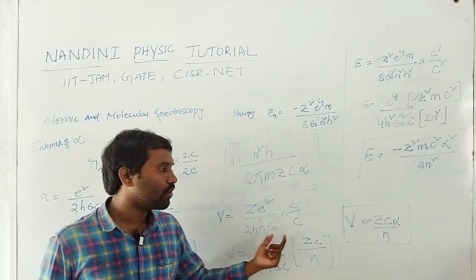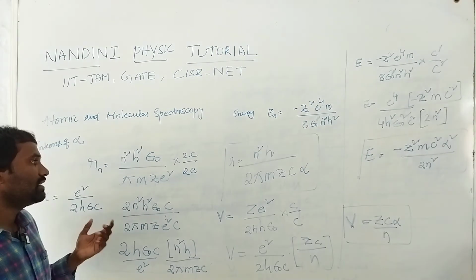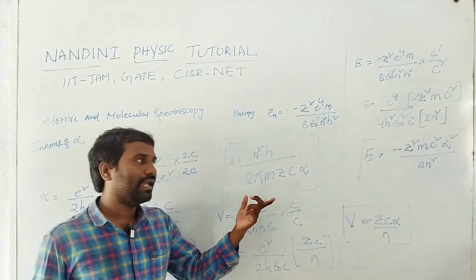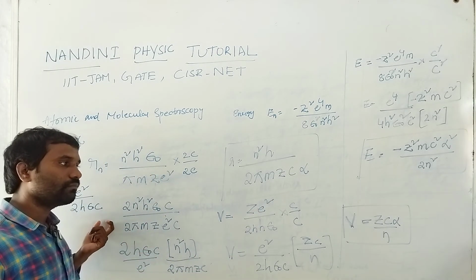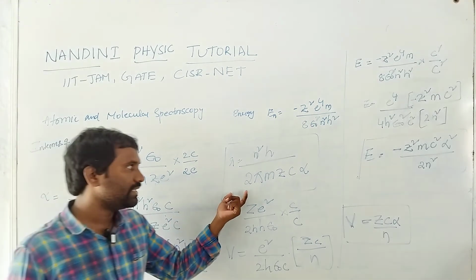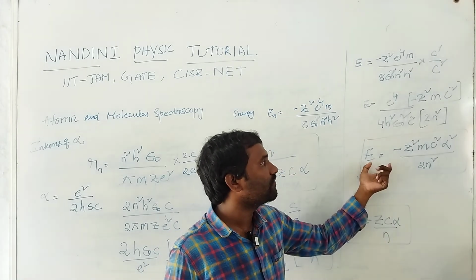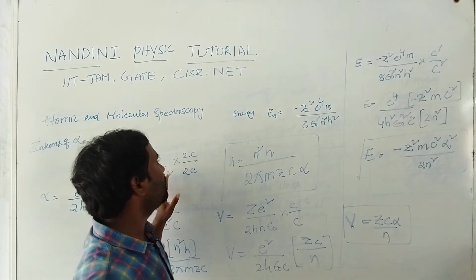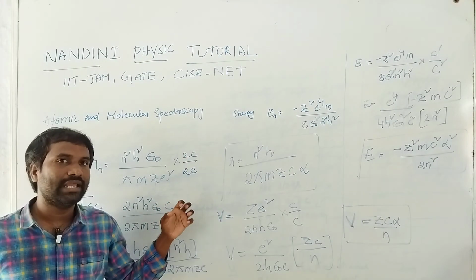This fine structure constant is nothing but alpha, and again these equations, what are the equations? Radius and velocity and energy. These equations will be again converted in terms of alpha. So in terms of alpha you will get the radius equation, this is called the velocity equation, and in terms of alpha this is the energy equation. So these equations are all derived by Bohr using hydrogen-like atoms.